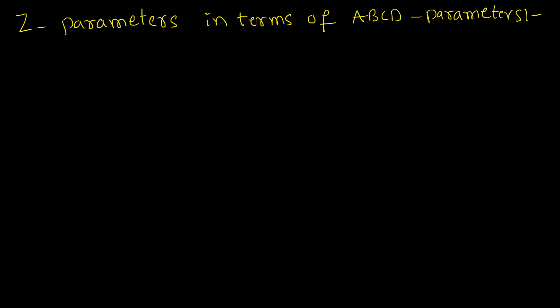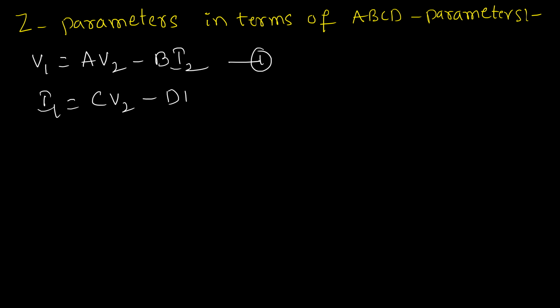It is the same kind of calculation we need to follow. Firstly we have to take the standard equations for the ABCD parameters. So V1 equal to AV2 minus BI2, call it as equation 1. I1 equal to CV2 minus DI2, call it as equation 2.